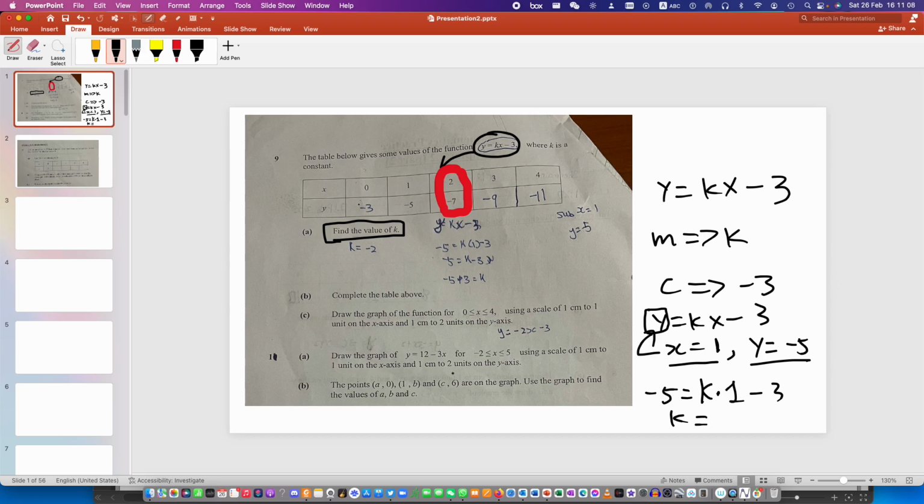Just take a blank page and quickly do it. So k times 1 equals what? 1k.